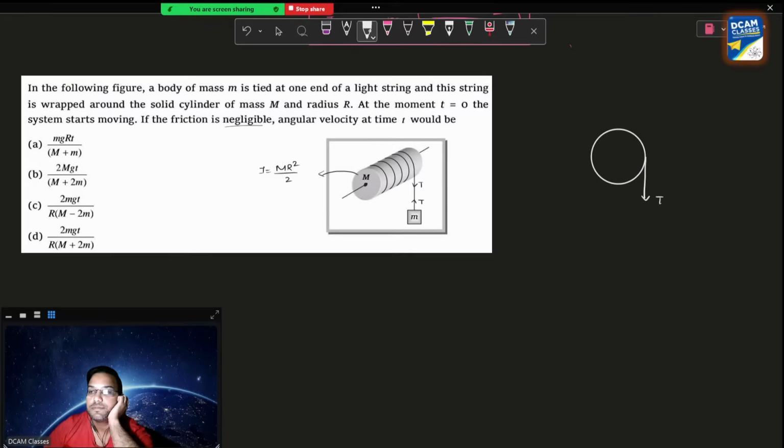Now, due to this tension, it will have an angular acceleration alpha because there will be a torque on it.